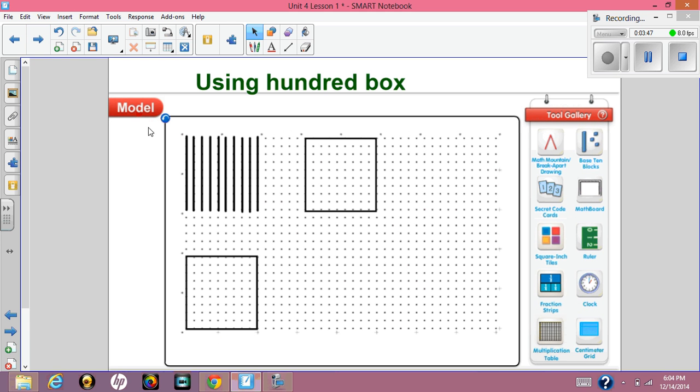Now, if we drew 10 sticks, we would have 10 times 10 is 100, and we have drawn this box over 100 dots, so these two equal exactly the same. But to make it simple, we've just simply drawn a box. So whereas a 10 stick is worth 10, this box is now worth 100.